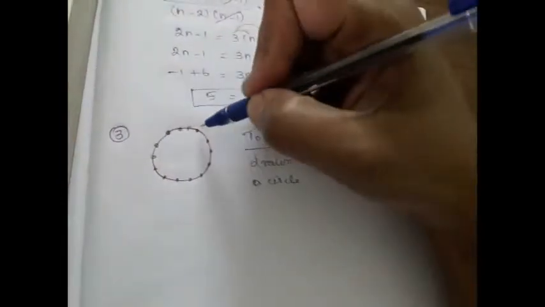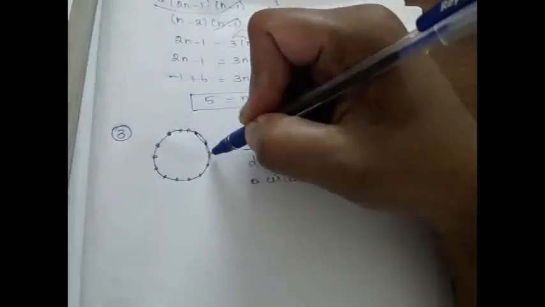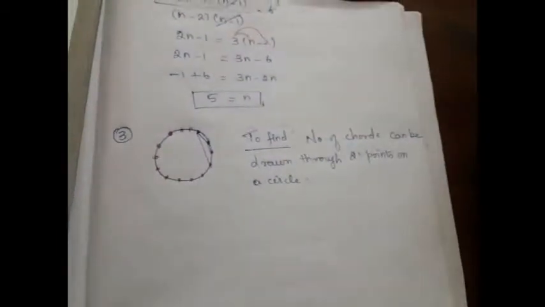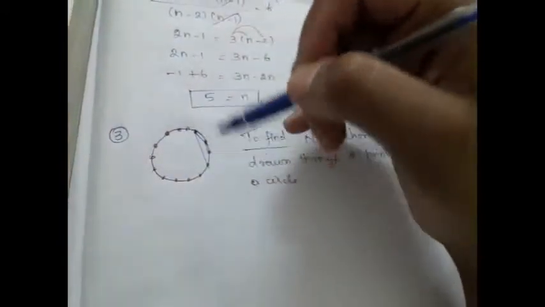So if we have 2 points on a circle, then this is a chord and this is another chord and this is another chord, right? A line segment which has both end points on the circumference of the circle is called a chord. So the question is, if we have 21 points on a circle, how many chords can be drawn?